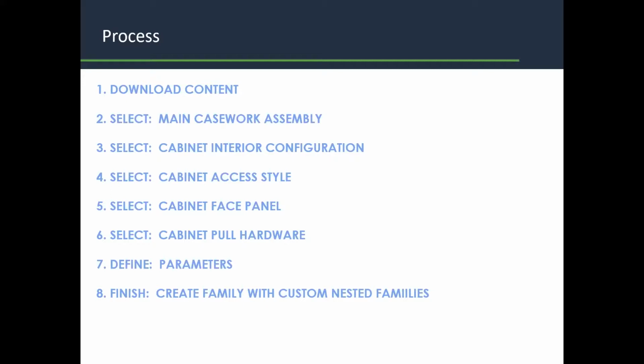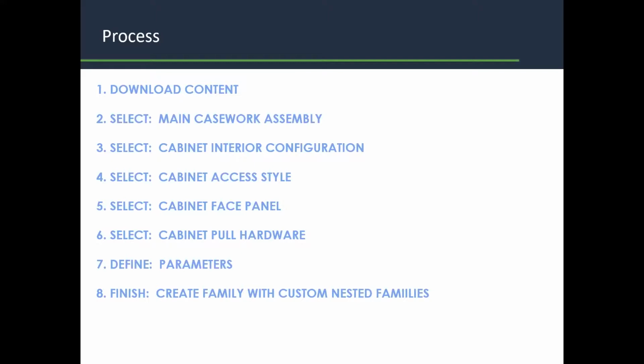Step 2 is to select your main casework assembly. So this enables you to select the overall form of the casework you're going for, which will be one of the families you just downloaded in step 1. Step 3 is to select your interior configuration. Step 4 is to select your cabinet access style.